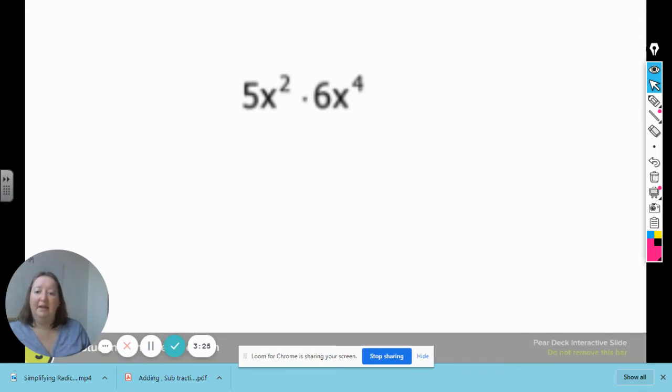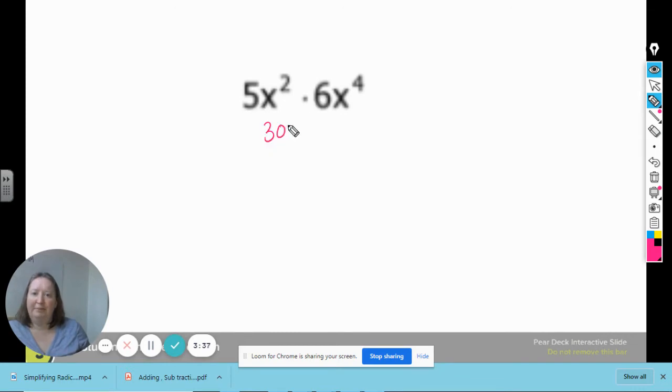In class, this is what I would have you do and see if you could click on the right answer. We're multiplying the 2 coefficients: 5 times 6 is 30. x to the 2nd and x to the 4th. If you show that as an expanded thing, you'd have 2 of them and then 1, 2, 3, 4 of them.